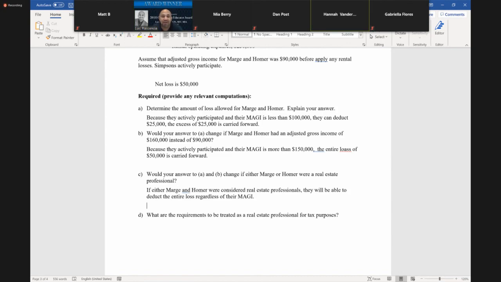Remember, this goes on Schedule E, so this would be a Schedule E item. So all the business deductions, if you have a net loss, are a deduction for AGI. If it's not a from AGI deduction, which are your itemized deductions and a qualified business income deduction, then it's a deduction for AGI if it's allowed.